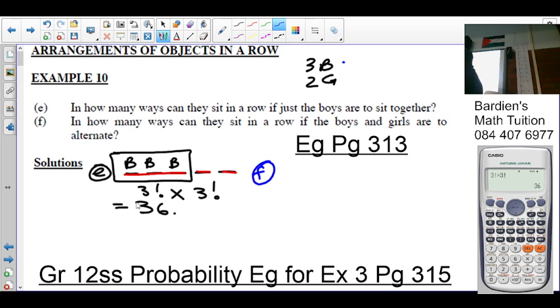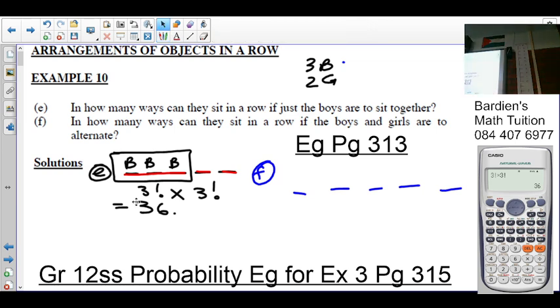The scenario is as follows. Okay? We start off with a boy, girl, boy, girl, boy.